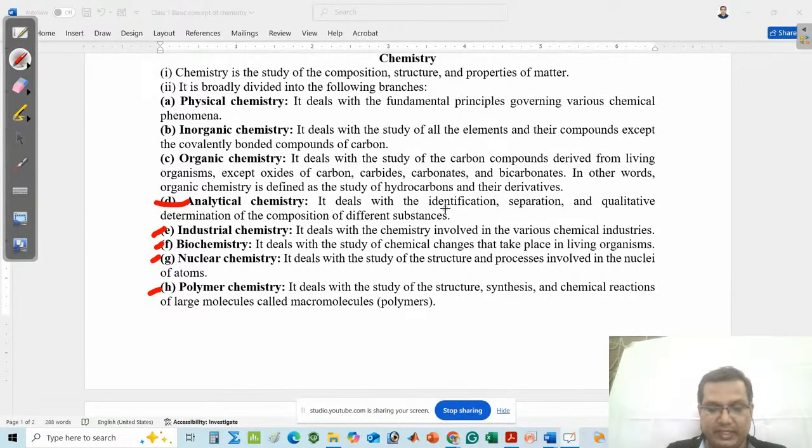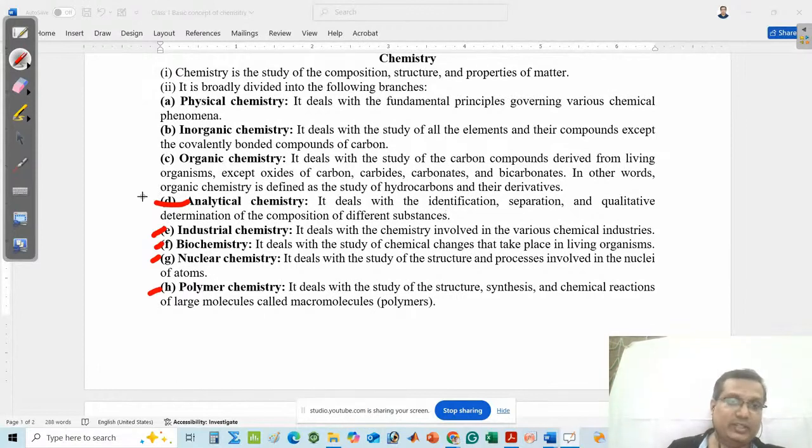Suppose we take an example, the salt, that is sodium chloride. What amount of impurities are present, and what ions are present? How many ions are present? What other ions are present? You can know by using analytical chemistry.